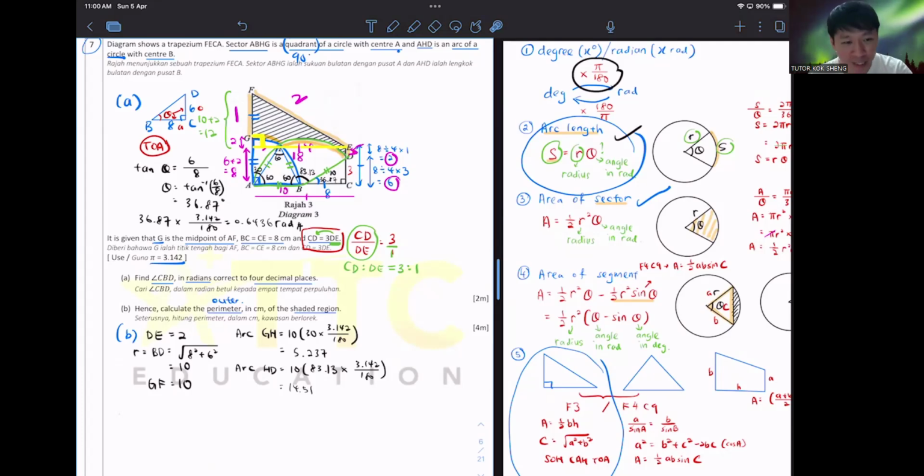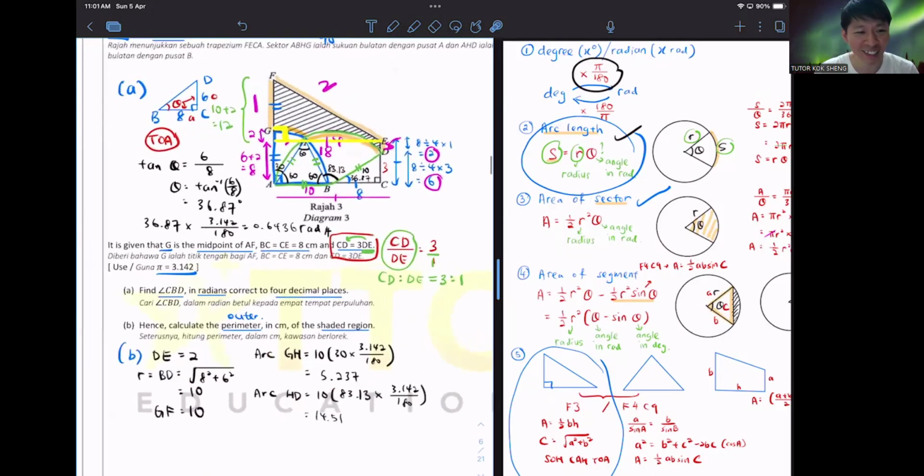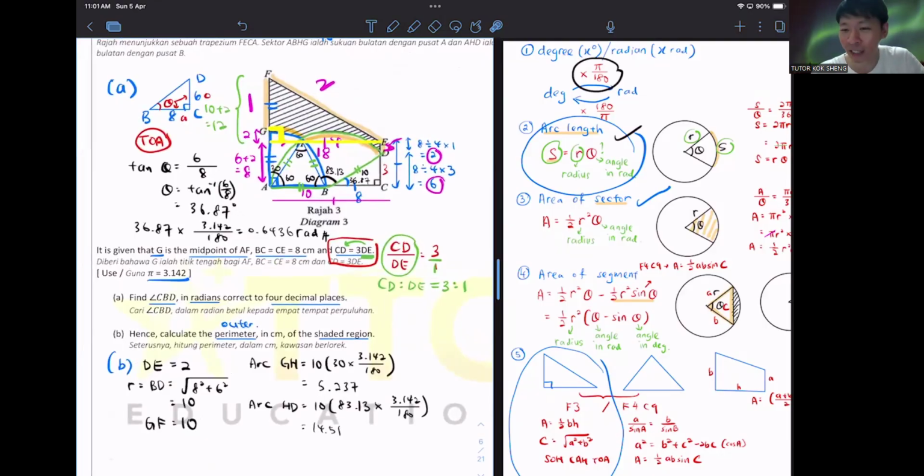Actually, this step here can skip. You have to write the GH, HD, Pythagoras theorem, and the last one here. So for 4 marks, only 4 workings. 6 marks, better than nothing.